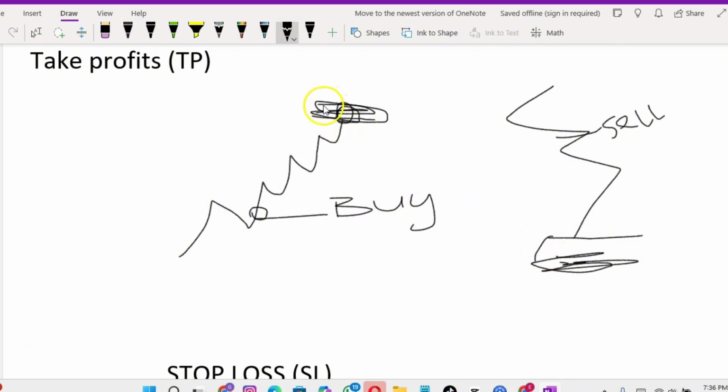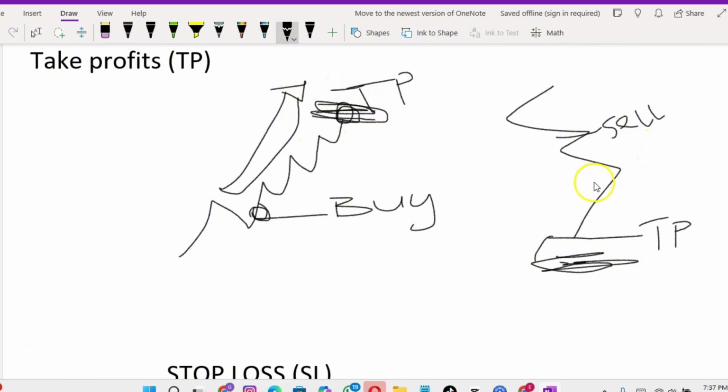So if you are buying a currency pair, your take profit has to be up, and if you are selling, your take profit has to be down. Why? Because if you are buying, you are anticipating that the price is going to do what? Appreciate or move up. So if the market should go in your direction, then for you to take profit, your take profit has to be up.